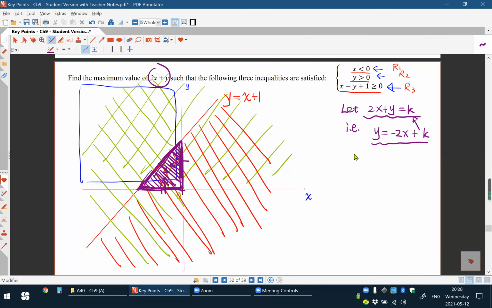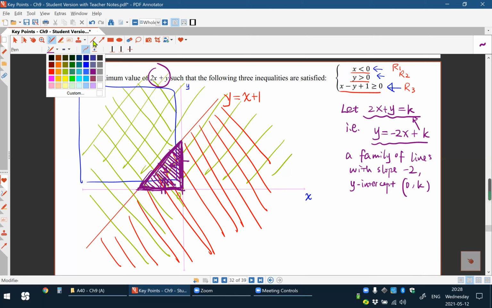So this is a family of lines with slope minus 2 and y-intercept k, right? Okay, so a family of lines that has slope minus 2 and y-intercept k.